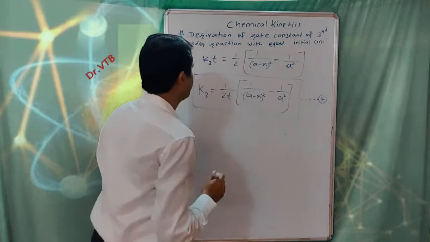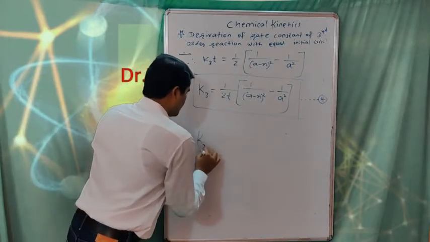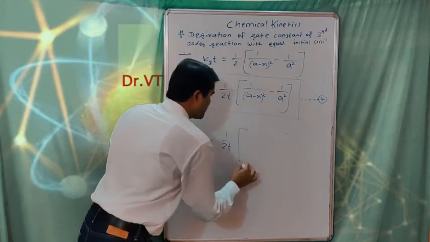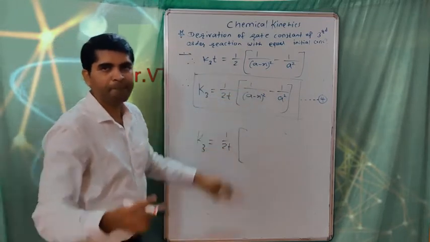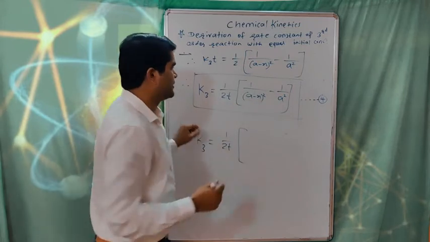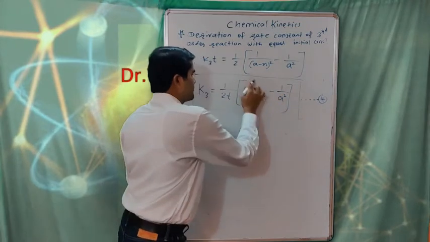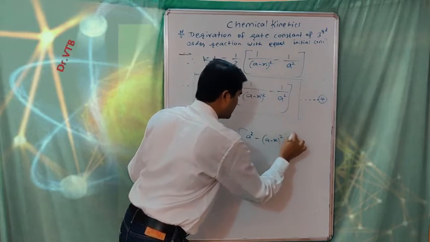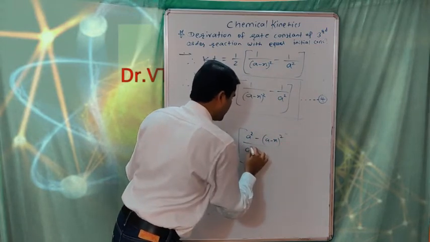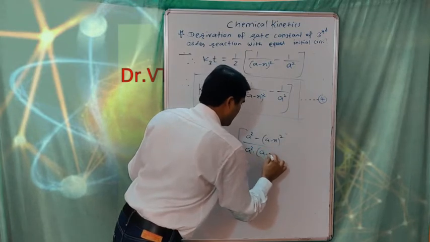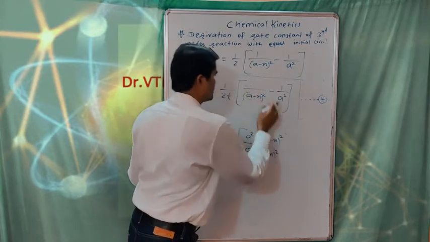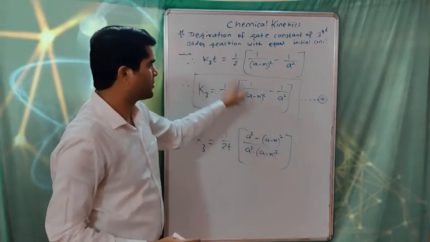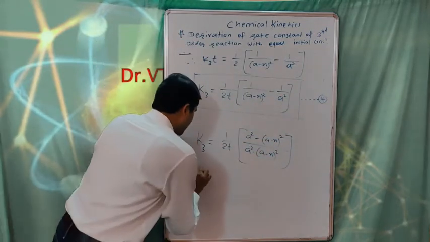Again we can solve this equation. K3 equals 1 upon 2t, how to solve? Just by cross multiplication, LCM. So multiply by a square here, cross multiplication: a square minus (a minus x) bracket square upon a square into (a minus x) bracket square. So multiply both denominators and cross multiply. Again solve this one.